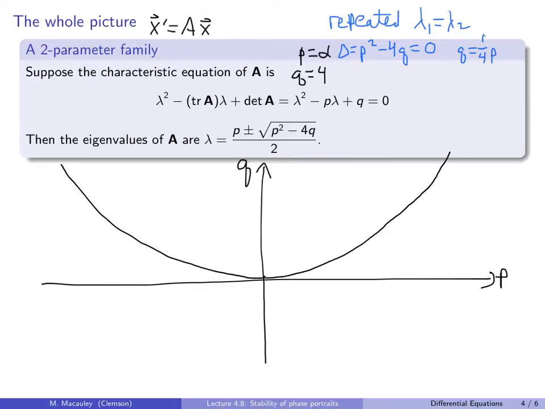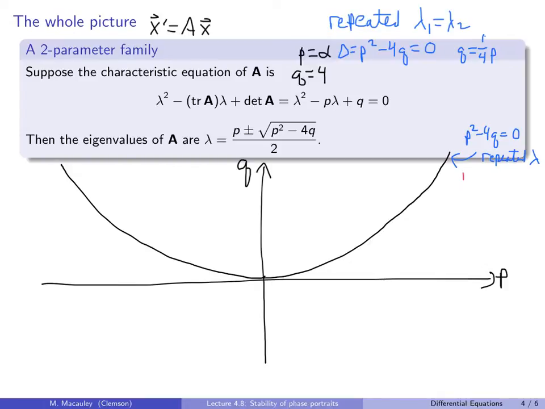So how do I want to write this? Everything on this line corresponds to when we have p squared minus 4q equals 0, and this corresponds to when we have a repeated lambda, and so this is when we have that improper node.